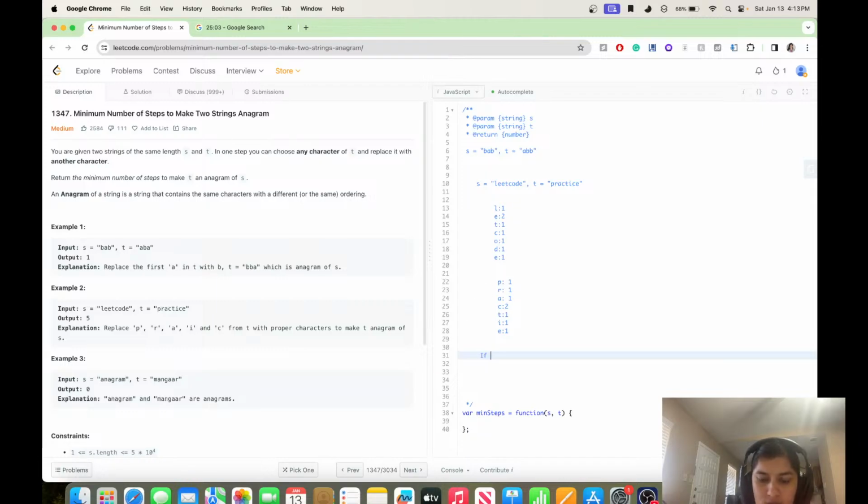suppose if a character is present in S and not in T, then what should I do? So if a character is present in S and not in T, then how to replace a character in T?